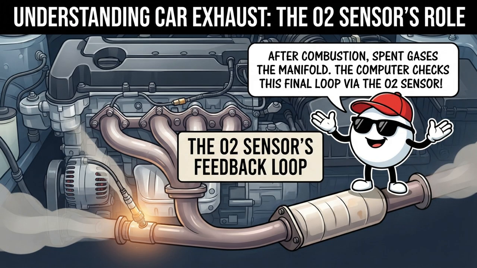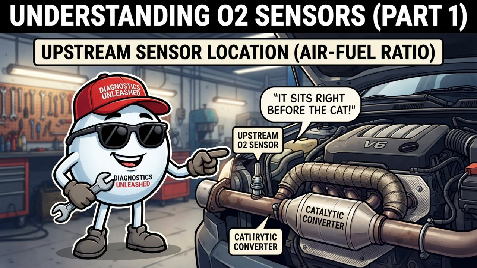After combustion occurs inside the cylinders, spent exhaust gases exit through the exhaust manifold, where the computer performs its final feedback loop using oxygen sensors, or O2 sensors. The primary upstream O2 sensor, often a wideband air-fuel ratio sensor, sits directly before the catalytic converter.